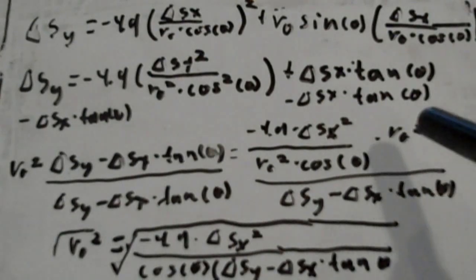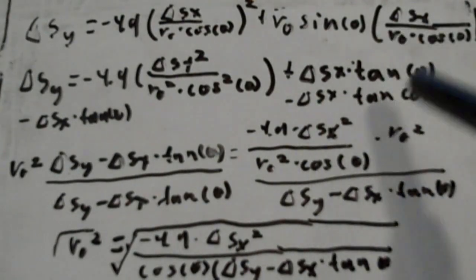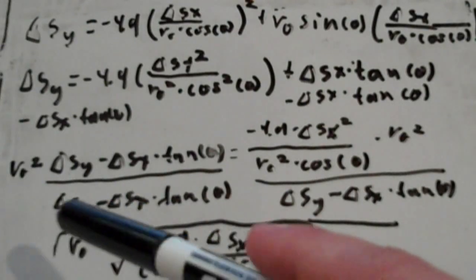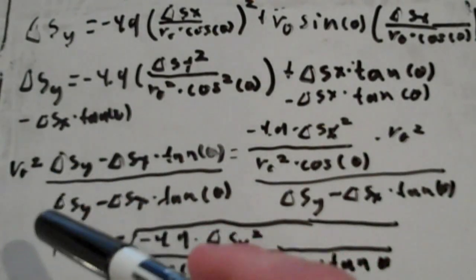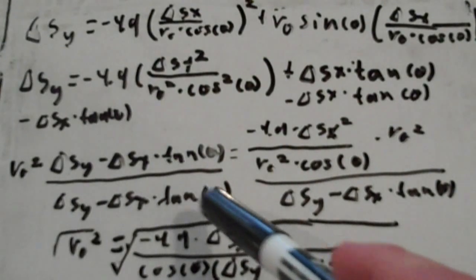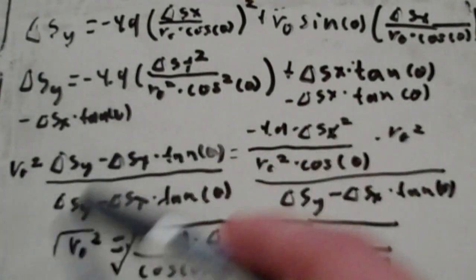Then I multiplied the initial velocity squared to both sides, so these cancel, and I divided both sides by the vertical distance minus the horizontal distance times the tangent of theta, so these cancel.